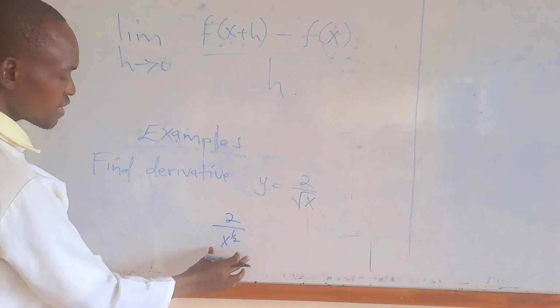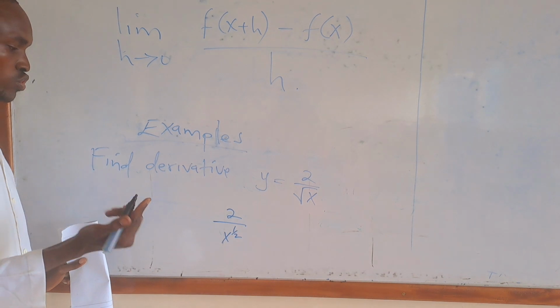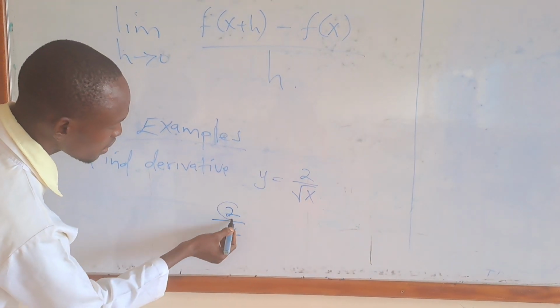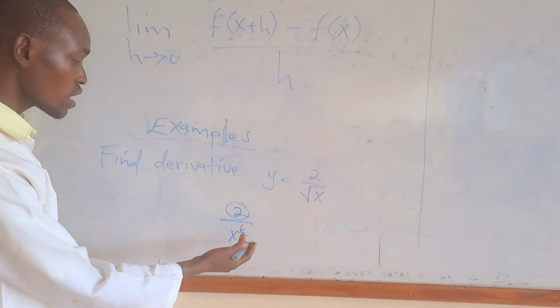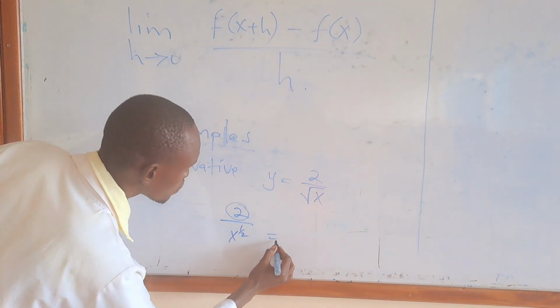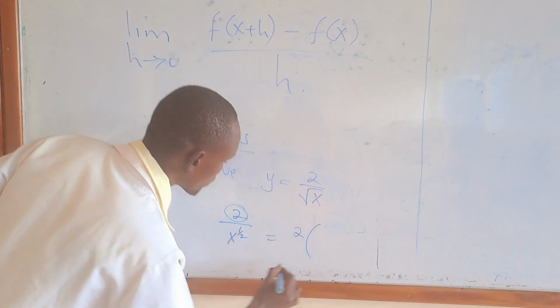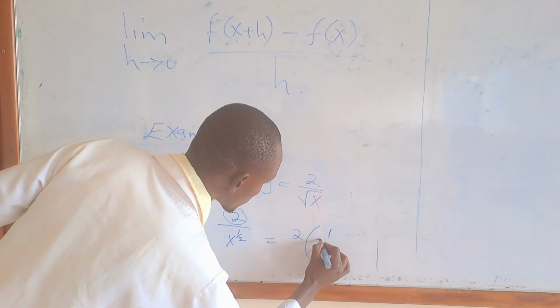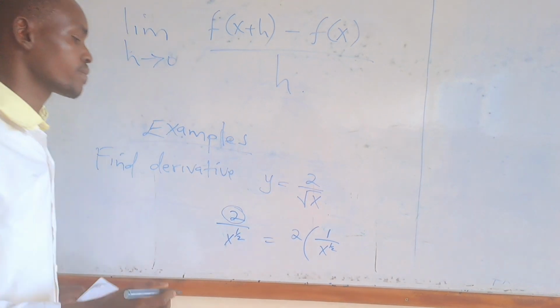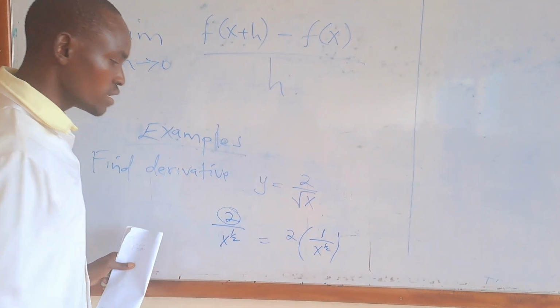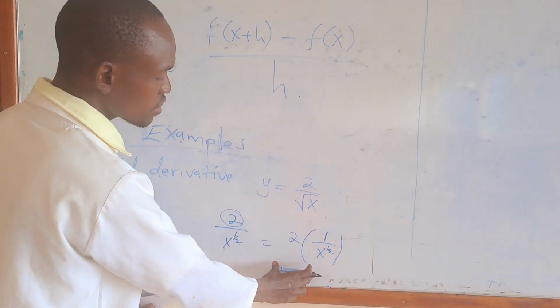After having this, you factor out the numerator, which is the constant. So if you factor out the constant, we'll have 2 in bracket of 1 divided by x raised to power half. After having this, what do we do?